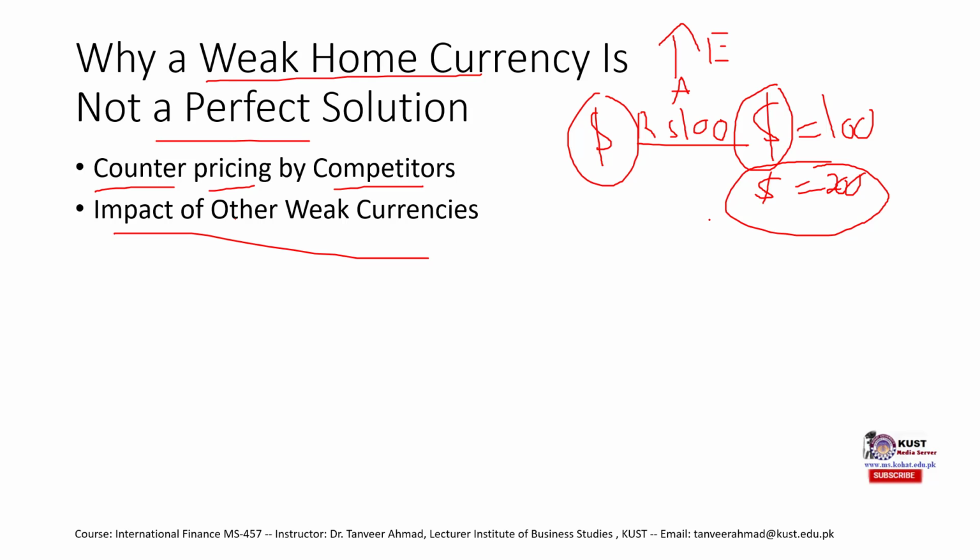So for example, if the rupee gets strengthened, then although for US consumers Pakistani products would be more expensive, at the same time it might happen that other currencies, say the Indian currency or Chinese currency, might depreciate as compared to the dollar. And hence, although Pakistani products have become expensive because of the rupee strengthening, the Chinese products would have become less expensive because the other currencies are getting weaker, right?